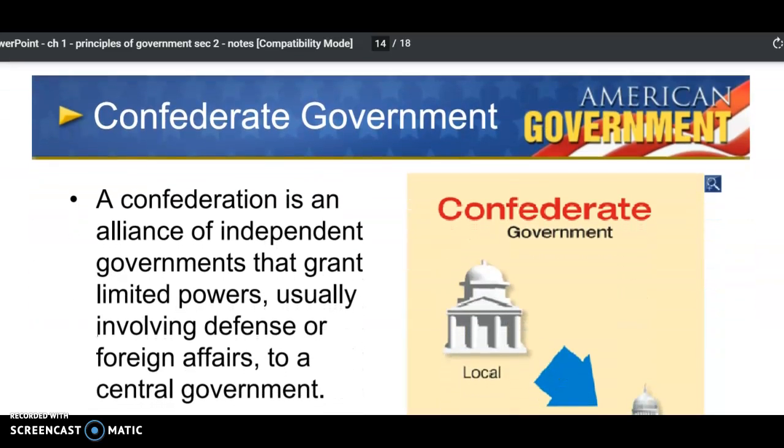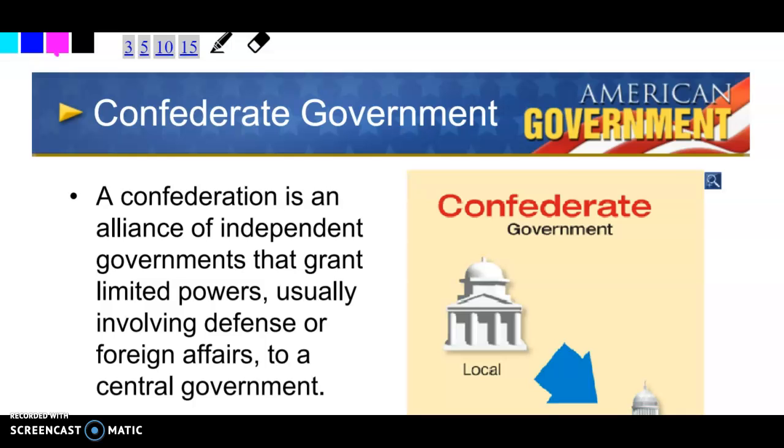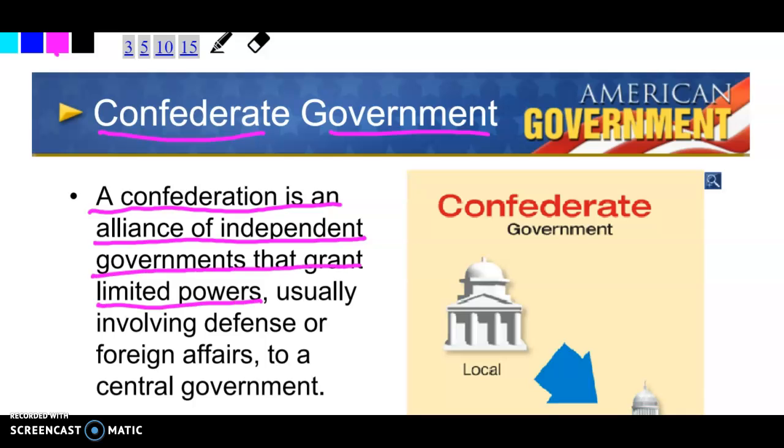The next heading that you will write is the Confederate government. And underneath that, you need to know that a confederation is an alliance of independent governments that grant limited powers, usually involving defense or foreign affairs, to a central government.